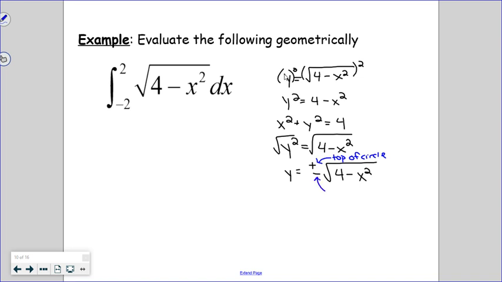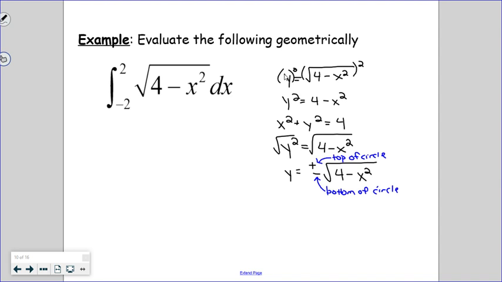And if it's the negative in front of it, that would be the bottom half of a circle. Okay, so we have the positive, so we're looking at the top half of a circle, not a full circle.